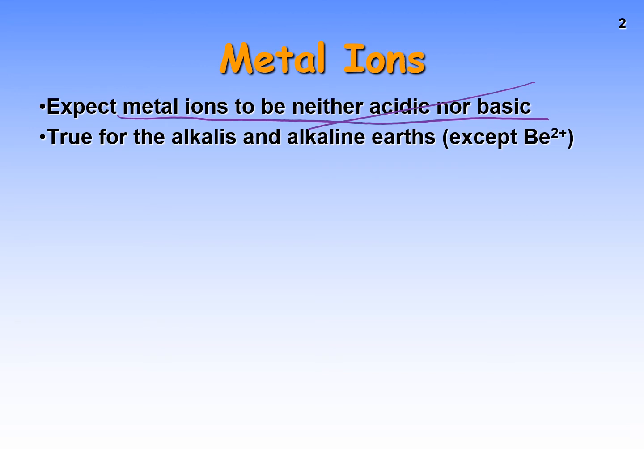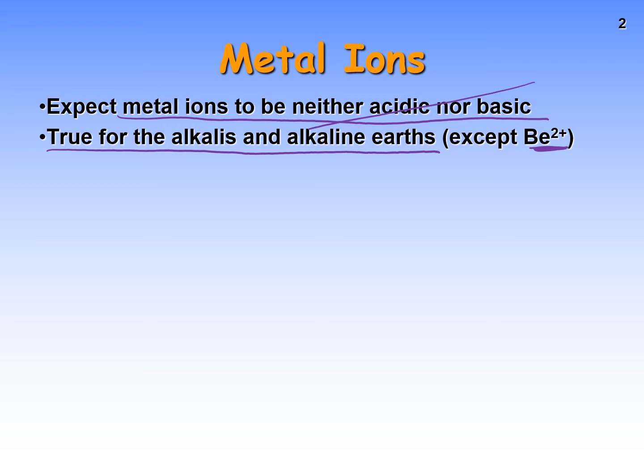Most metal ions end up being acidic. This statement, though, is true for alkali and alkaline earth metals, with the exception of beryllium. So, for instance, Na+, Li+, K+, Rb+, Ca2+, Mg2+, anything in the first two columns on the periodic table other than hydrogen and beryllium, if they're an ion, they are neutral.